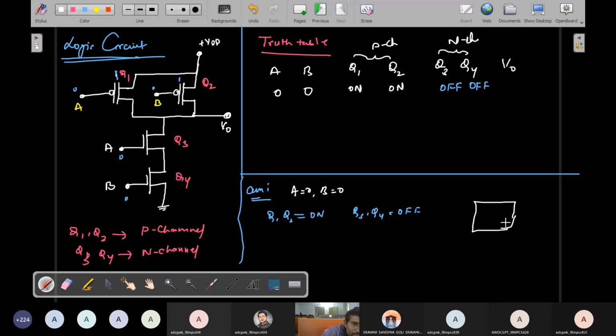And this is the output voltage V0. These two are saturated, so short circuited, and these are in the off state, meaning cut off. So this is an open circuit, and again this is an open circuit to ground.